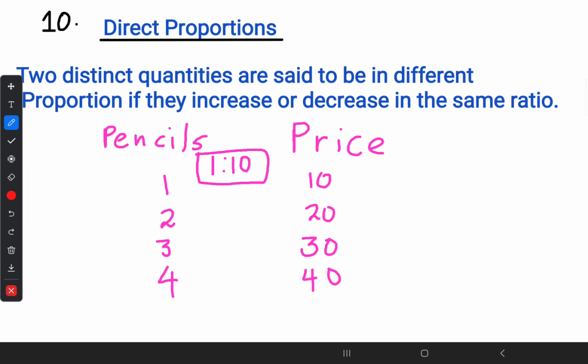The ratio does not change in any instance, but if the number of pencils increases, one pencil is 10 rupees, so the amount we need to pay should also increase. Both quantities are increasing. From one pencil to three pencils, the amount we need to pay becomes triple the initial amount.